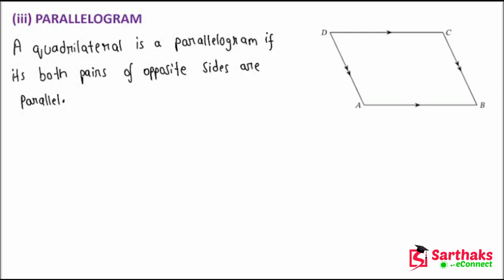So in this quadrilateral we can clearly see the pairs of opposite sides, that is AB and CD, and AD and BC, are parallel.